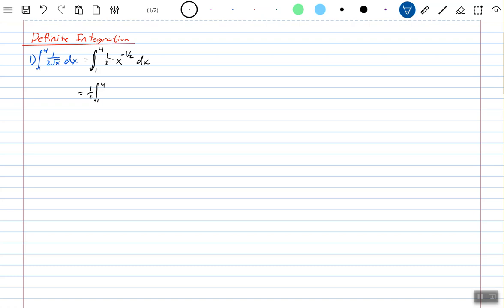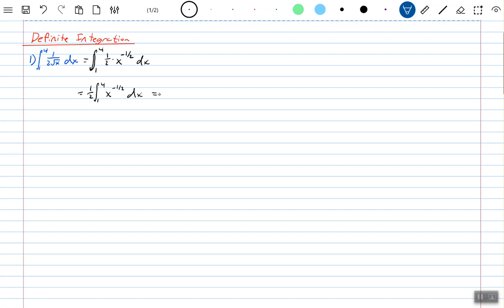So this is 1/2 the integral from 1 to 4 of x to the negative 1/2 dx. Now, here, all I have is the integral of x to the negative 1/2. First step now is to find the antiderivative, and then we will deal with the endpoints. So right now, we're just finding our antiderivative.